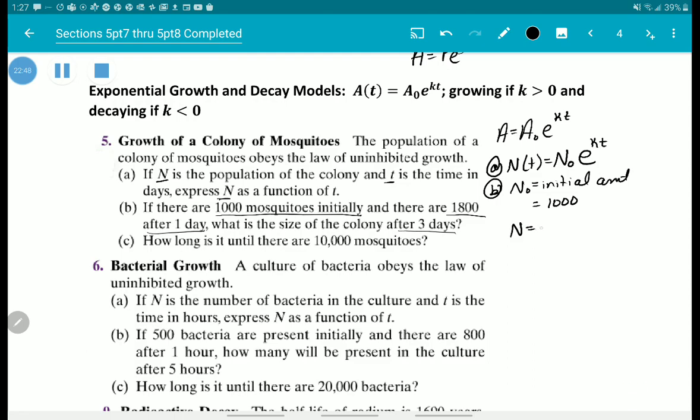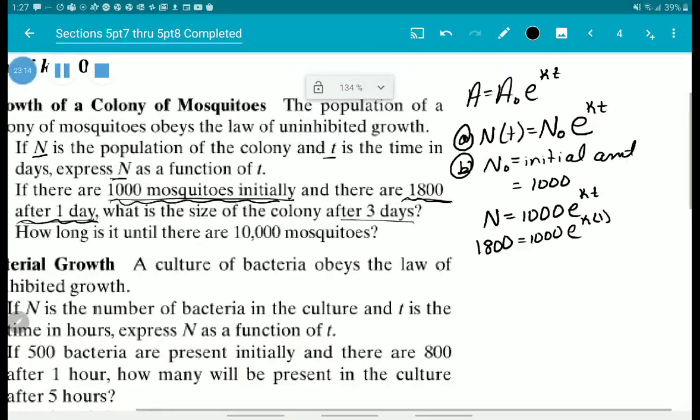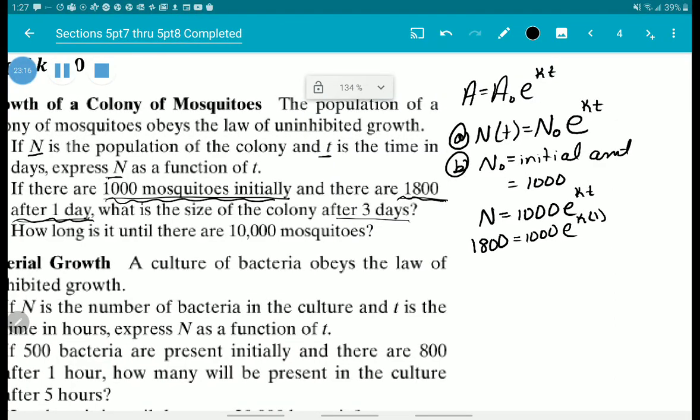So our model initially is going to look like this, using that first piece of information. Now they're telling us after a day, there are 1,800 mosquitoes, so we now have a future amount. That's our N. We don't know the growth rate, but we know after 1 day we had 1,800. That gives us enough information to solve for that K value.